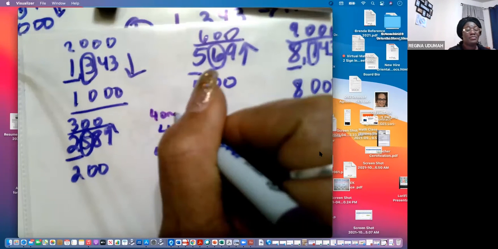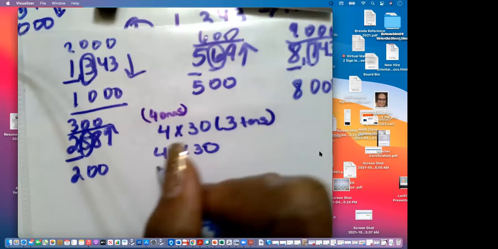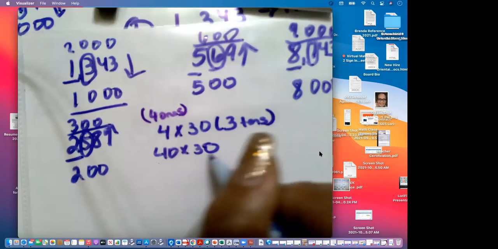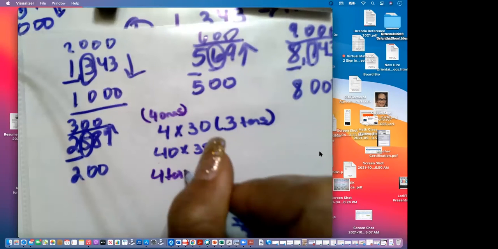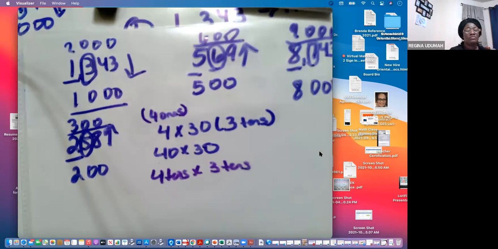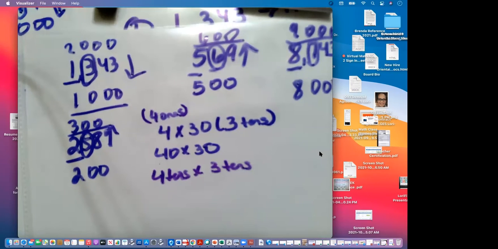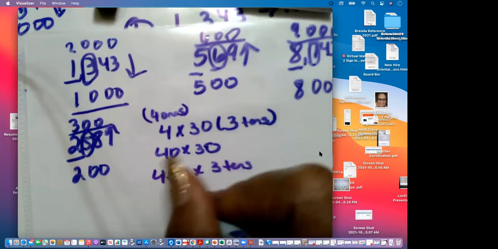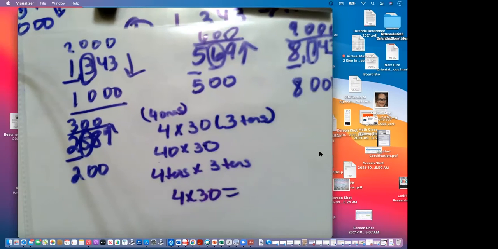And 4 is 4 ones. All righty. So down here we have 40 times 30. So this is 4 tens times 3 tens. Okay, so let's look at this. How can I multiply 4 times 30 just by looking at it?